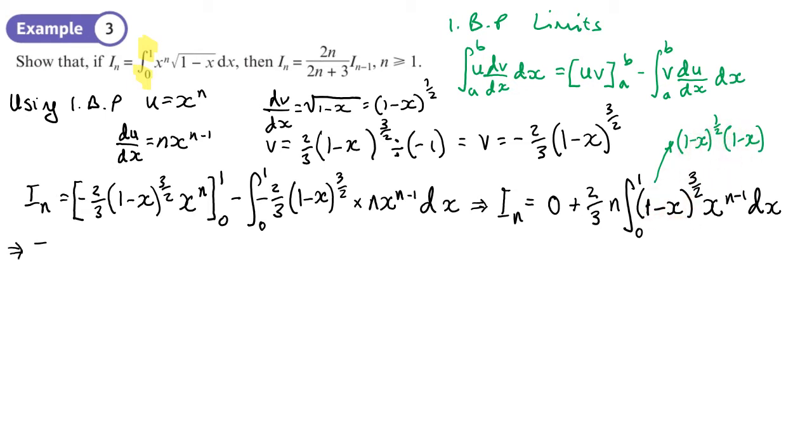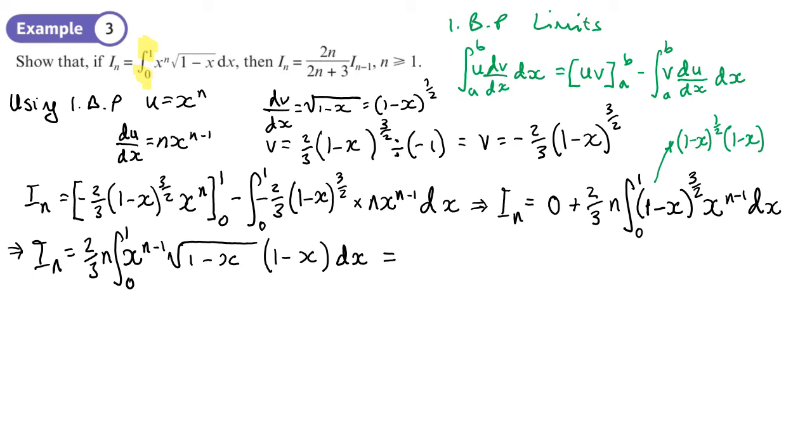So we've got I sub n equals, we don't need to write the 0, 2/3 n times by the integral from 0 to 1 of, and let's write this now as x to the n minus 1 times by square root 1 minus x, and that times by 1 minus x dx.